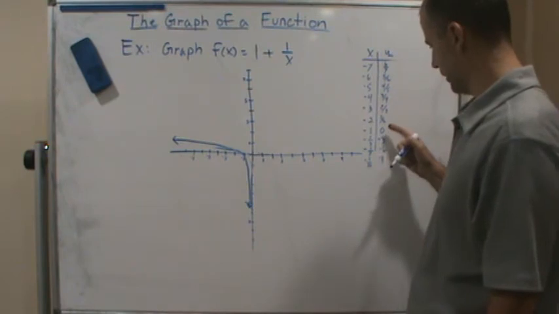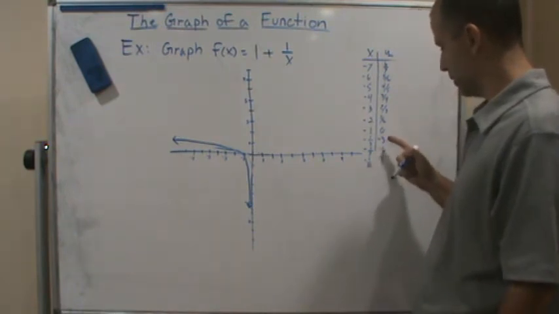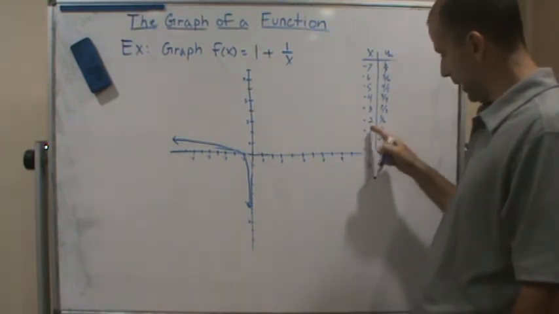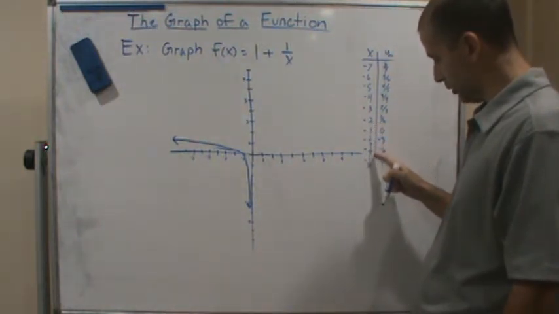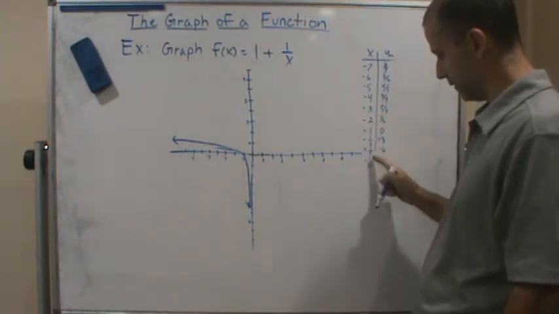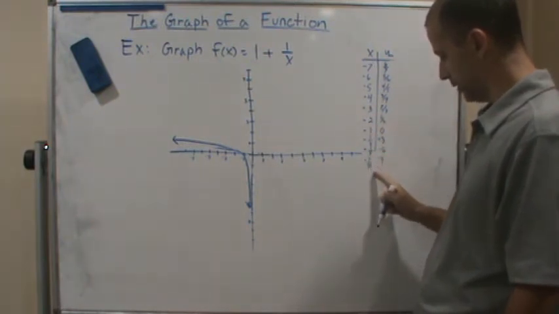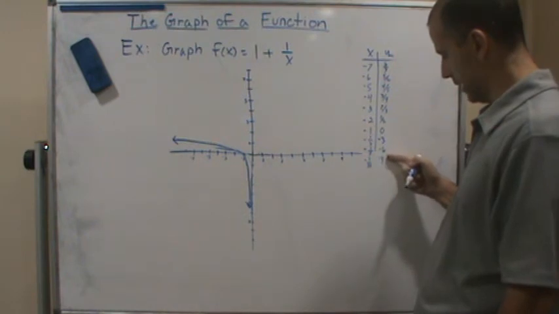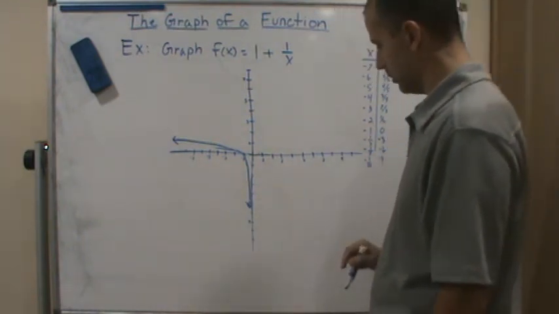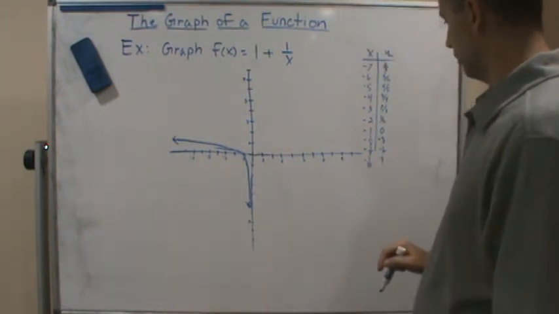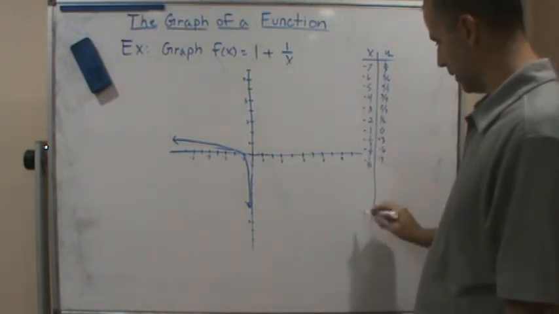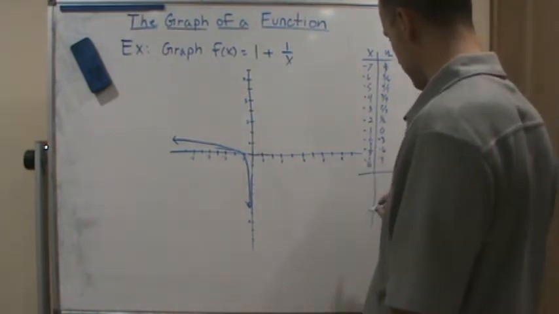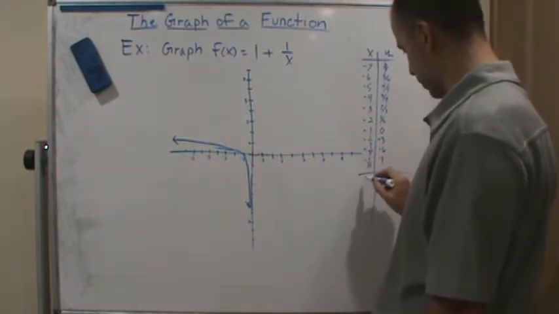Now what's going on on the other side of the origin? As the x values get closer and closer to 0 on the negative side, the graph is going to negative, right? But what happens on the positive side of 0? What if I start really close to 0?